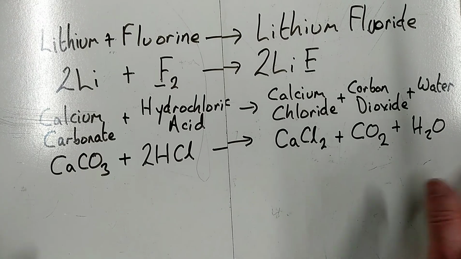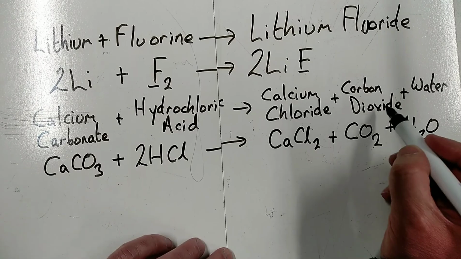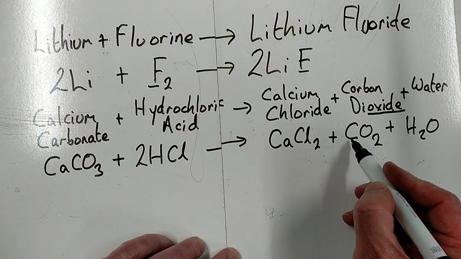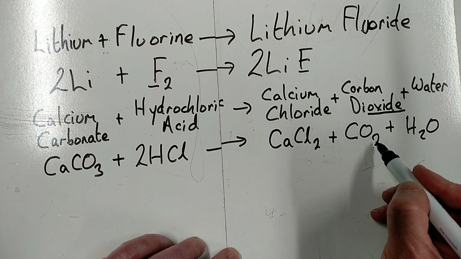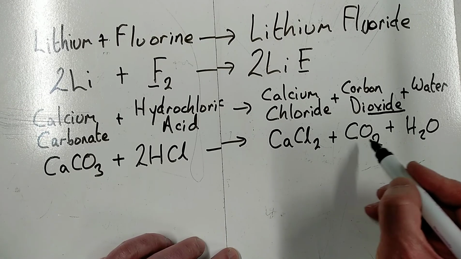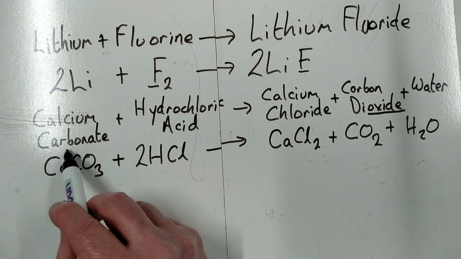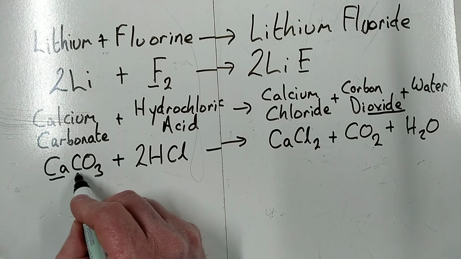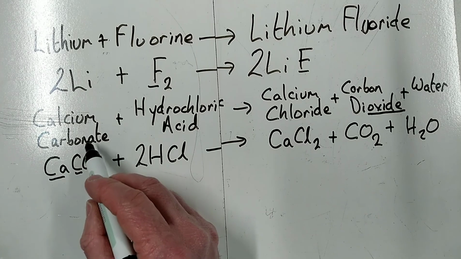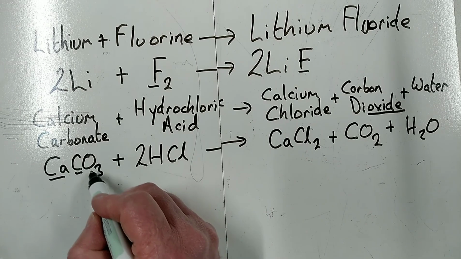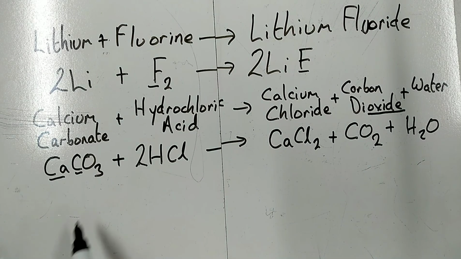You see this all the time, and you're quite familiar with names like carbon dioxide. We don't call it carbon dioxygen, we call it carbon dioxide. The same here, calcium carbonate. Calcium, carbon, and the 'ate' symbolizes that there are several oxygens joined to it. So that is how the name changes.